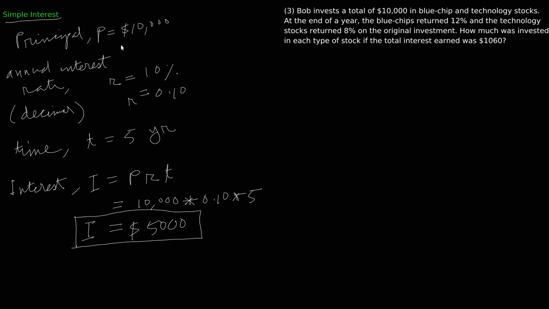Now what is the total amount he has to pay? If we represent it using the symbol A, it will be principal plus the interest. The principal here is $10,000 and interest is $5,000, so in total he has to pay back $15,000.